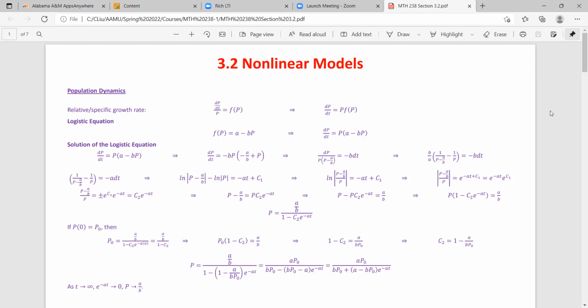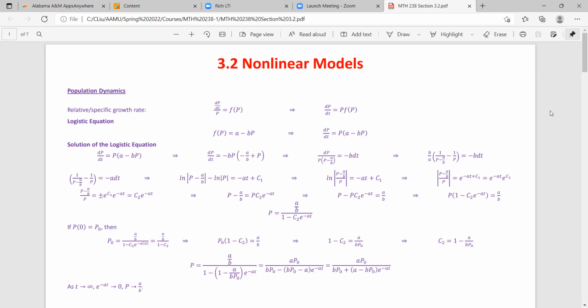We can do a little simplification for the equation on the right hand side by factoring out the negative b, so that we have negative b times (P minus a over b) in the parentheses. Okay, so that will make the coefficient of P inside the parentheses be 1. Okay, so you can easily check this equation, by distributing negative b on the right hand side, you get the original equation.